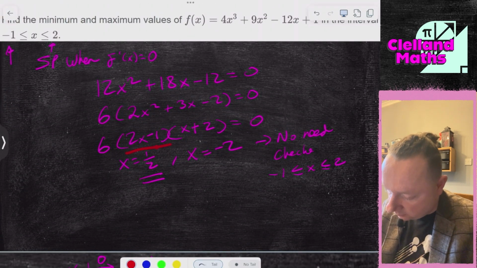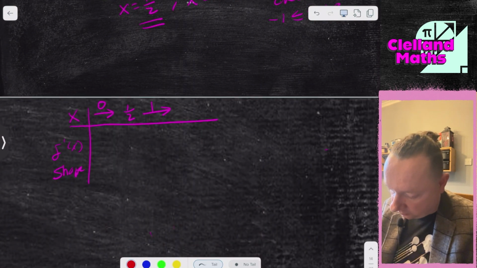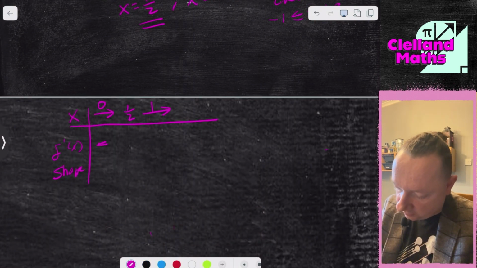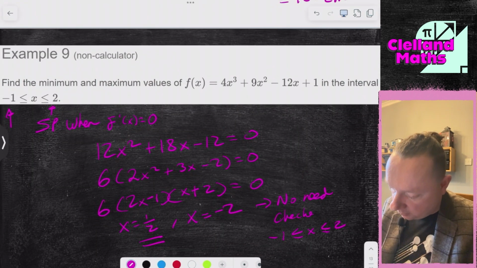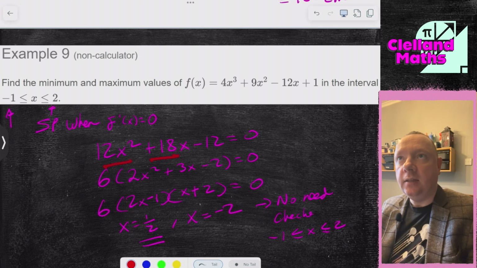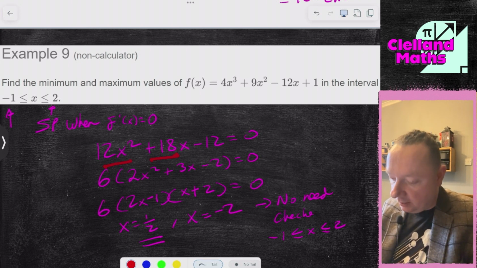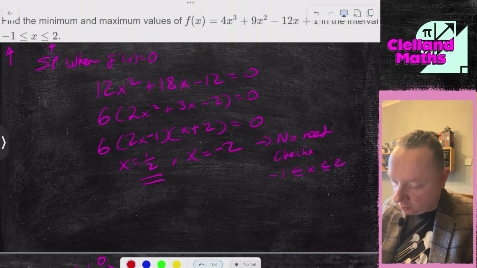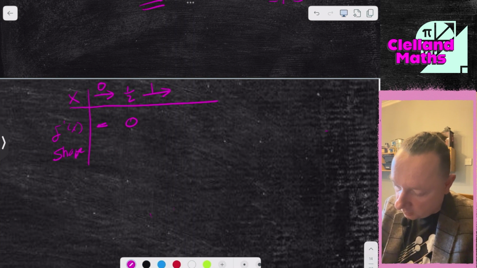At 0 we get 0, 0 minus 12, that's negative. And at 1 we get 12 plus 18, well that's 30, 30 minus 12, that's positive, isn't it? So that means that we're going along down and up, so x equals half is a min turning point.